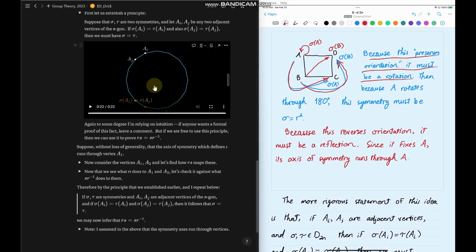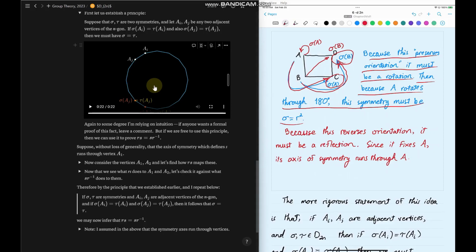Preserving orientation means that A came clockwise to B, and sigma A is also clockwise to sigma B. So they are in the same relative ordering around the square counterclockwise. So that's preserving orientation, and any rotation always preserves orientation. Then, because A rotates through 180 degrees, the symmetry must be r squared, the rotation by 180 degrees.